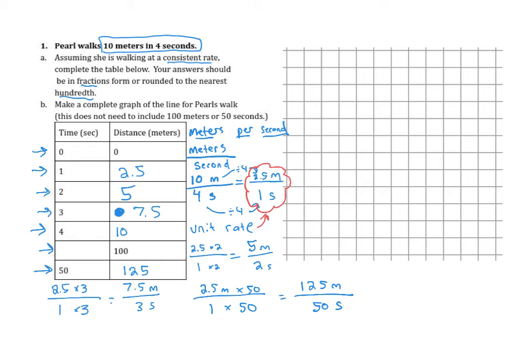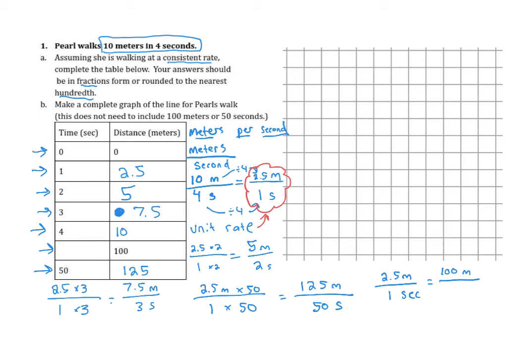All right, now this one is a little bit trickier because we have our distance, but we need to find our time. But we are still going to use our unit rate. We're going to say, well, we have 2.5 meters in 1 second. So how many seconds for 100 meters? And we're going to do this in reverse.